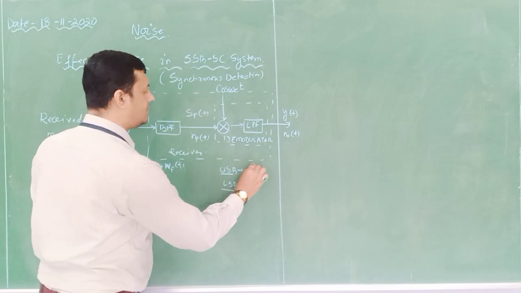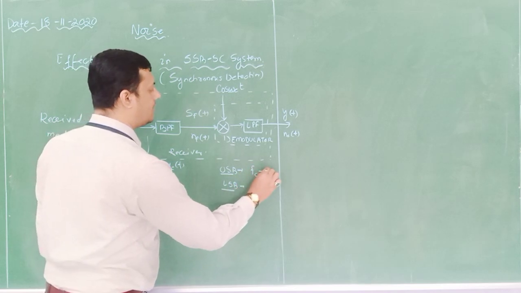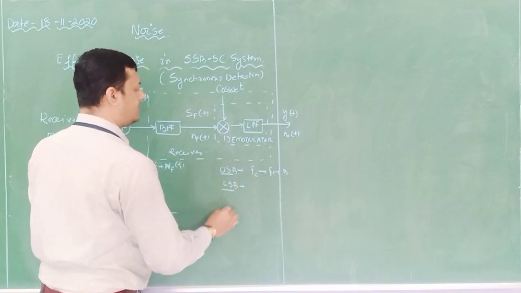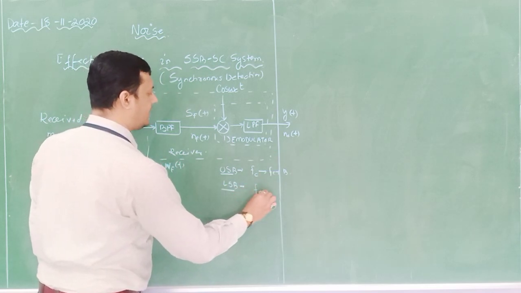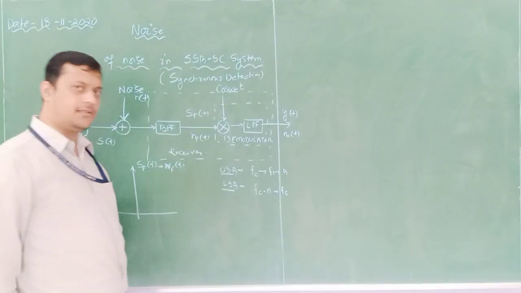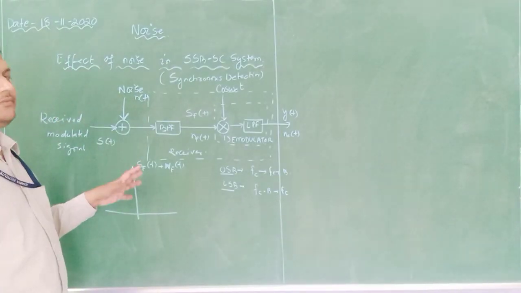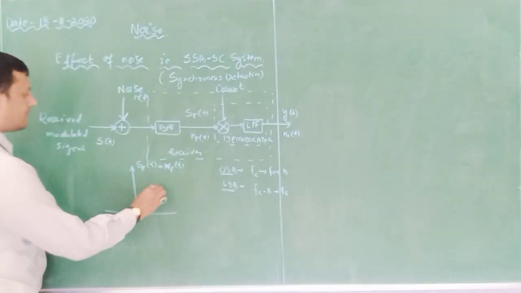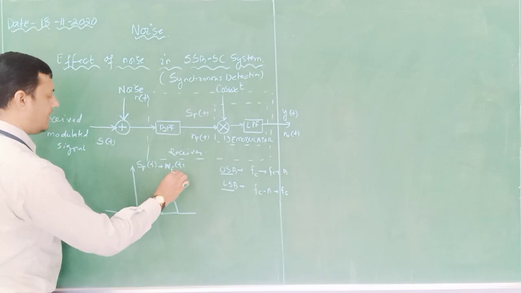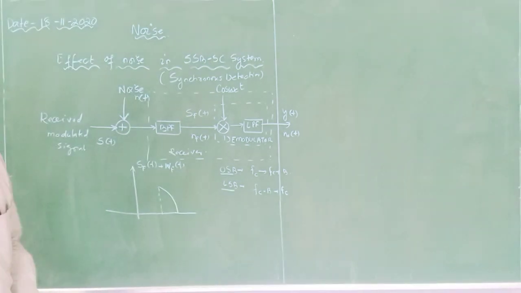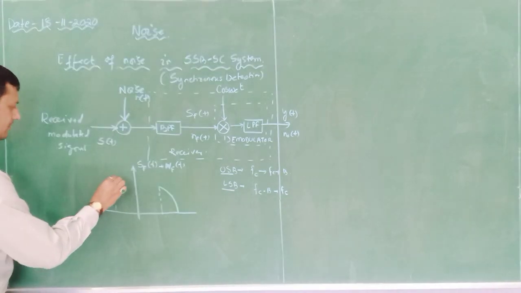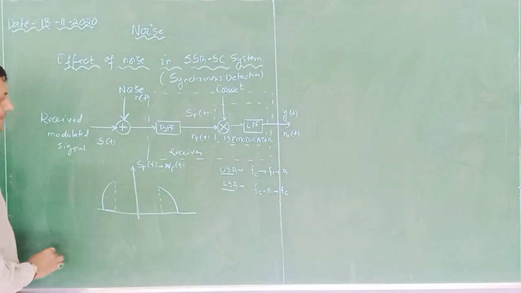This USB is f_c to f_c plus B, and this LSB is f_c minus B to f_c. Let us consider it like this. If I am receiving the upper segment, let us consider this is the upper segment, and similarly for the reflection part also I am representing this as the upper segment.